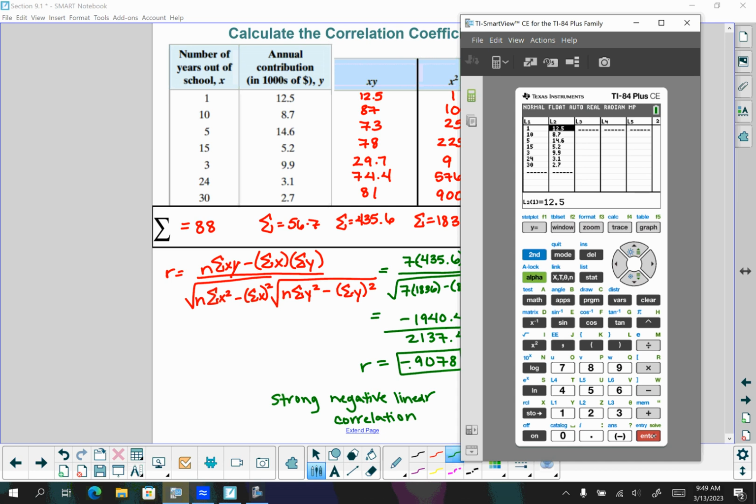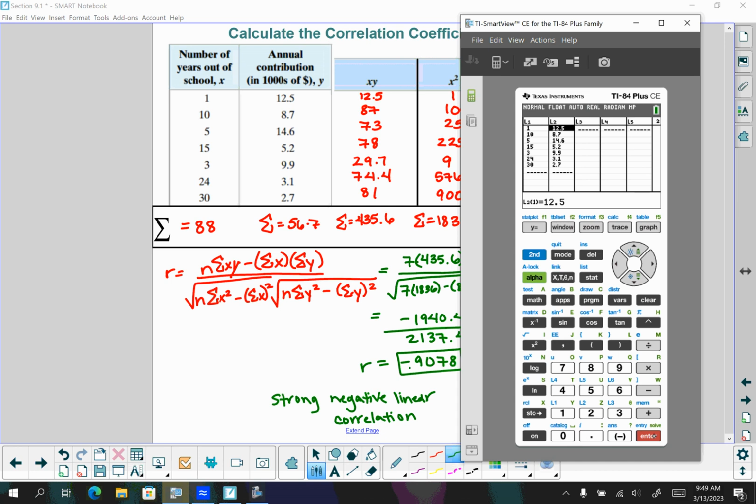Stat and then Edit. Go up to the list name, hit clear, go back down. Get it all in there. The other thing we want to check real quick is that your stat diagnostics, which is what's going to give us the R, are turned on.